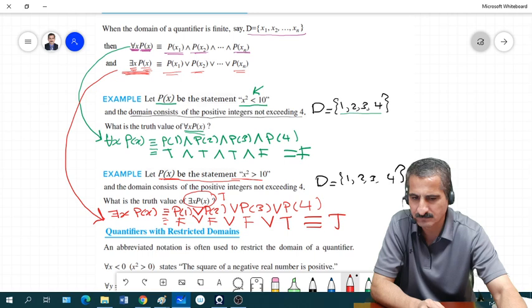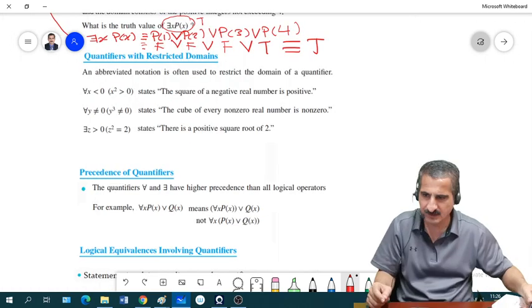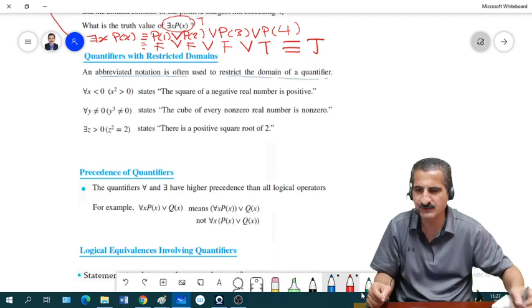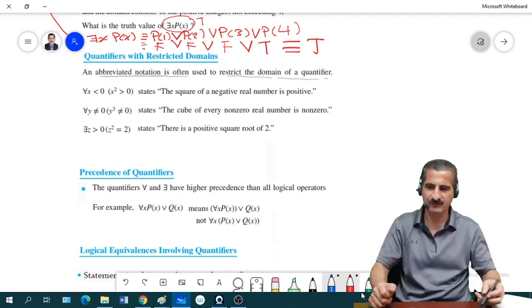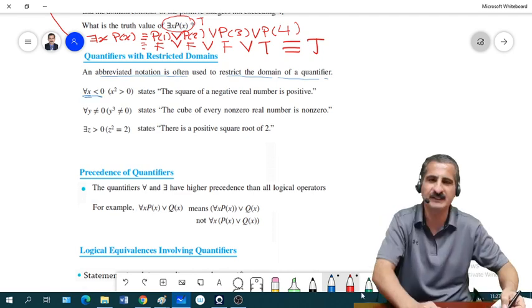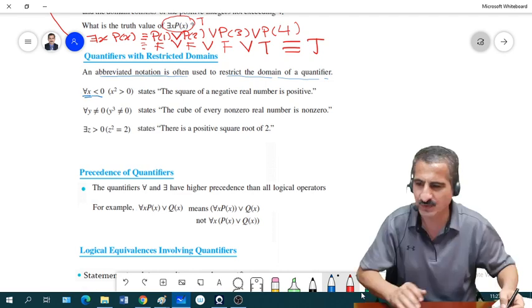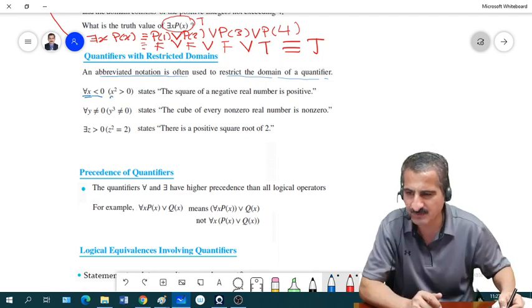Okay, now this is only a matter of notation, an abbreviated notation for restricting the domain of a quantifier from an unrestricted domain. So we will say for every x, but we identify which x: for every x less than 0, the statement is x squared greater than 0.